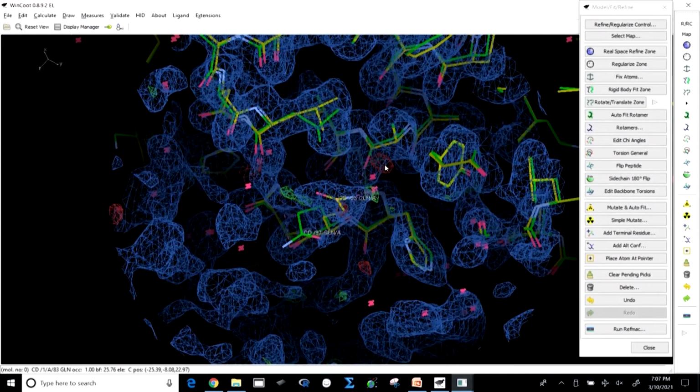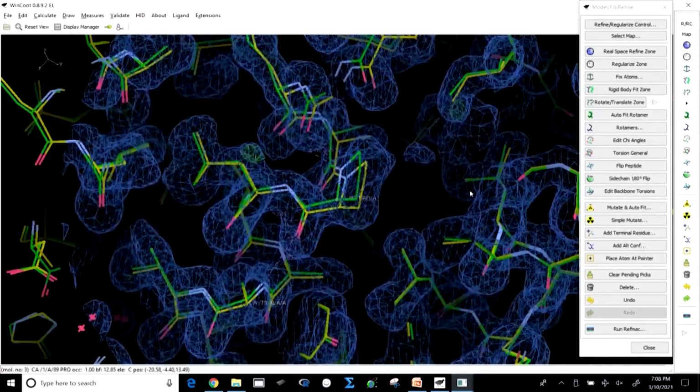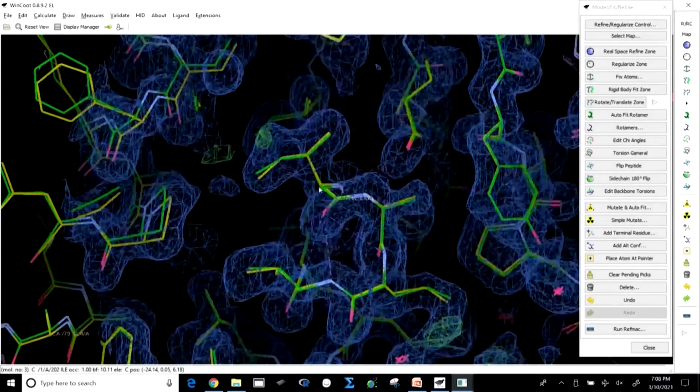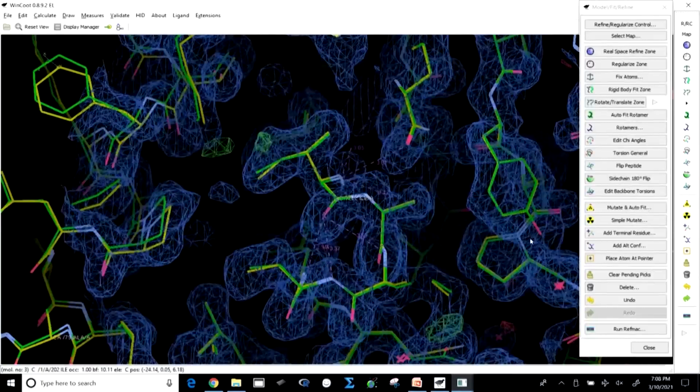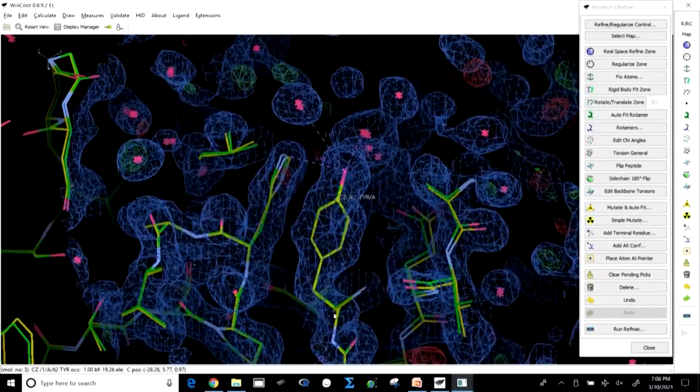So, what I mean is, you could move a coordinate, but you cannot move the electron density. Okay. What more could we do? We could do a lot of things. As I told, I could only talk about a few.